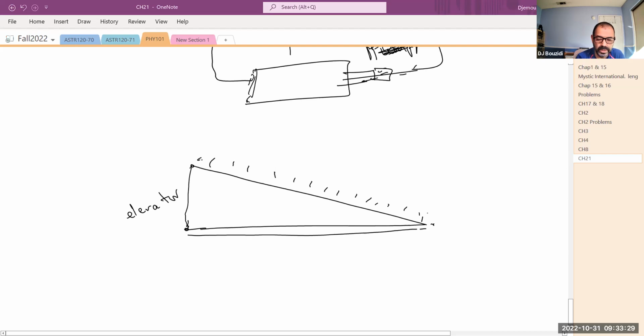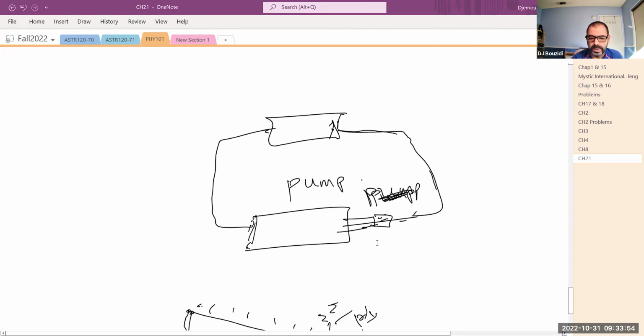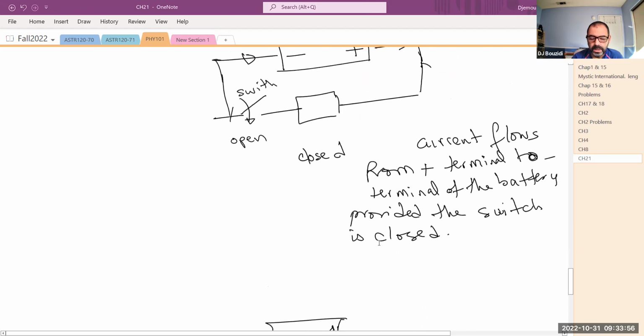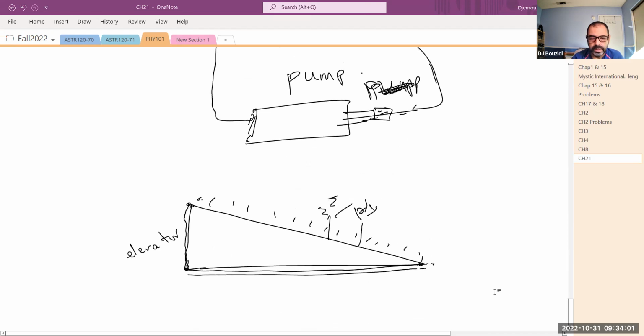They can be dragged by the same mechanism in here, and then raised up again by the elevator. Once they are there, then they come down on their own. Obviously, there are trees in here, and trees can slow down their path as they're coming down. We're going to talk about the concept of resistance similar to what's going on in this trees analogy. So this is in a nutshell what the whole idea of a pump is.